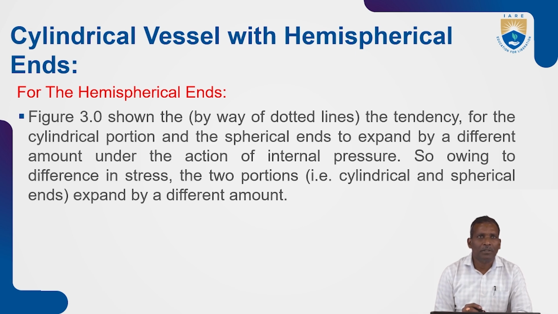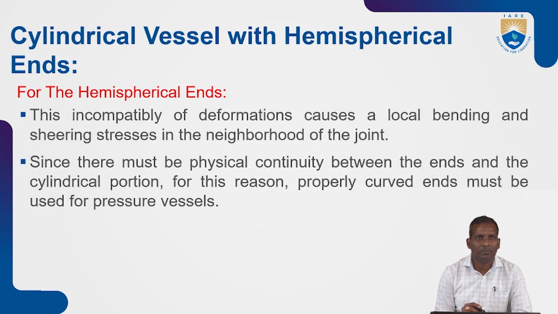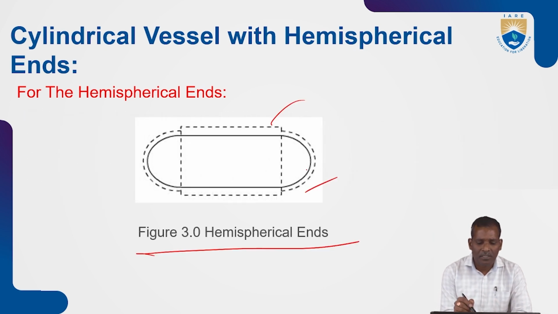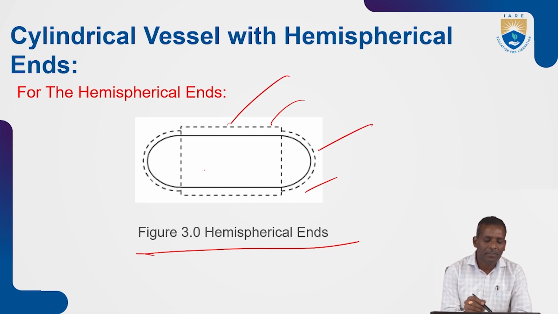Owing to the difference in stresses, the two portions, cylindrical and spherical ends, expand by a different amount. So the cylindrical portion and these walls will expand by a different amount, shown here with the dotted lines, the expansion.